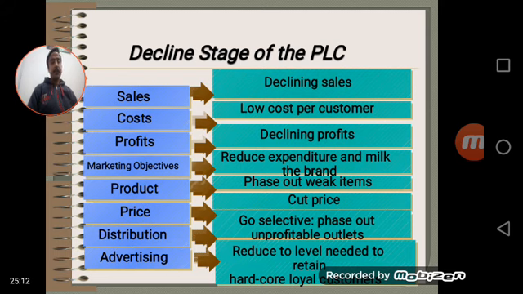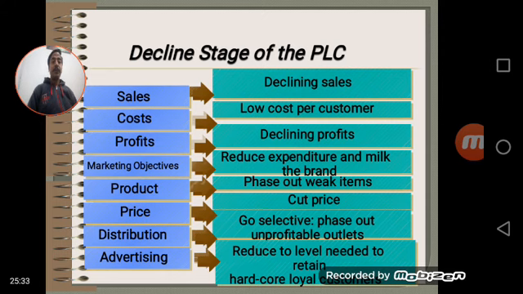So as there is a decline in the sales, the profit will also decline. Clear? And you reduce your marketing objective. You reduce your expenditure. Now there is no use of doing more marketing about your product. So no new type of marketing strategy will be developed. Clear?